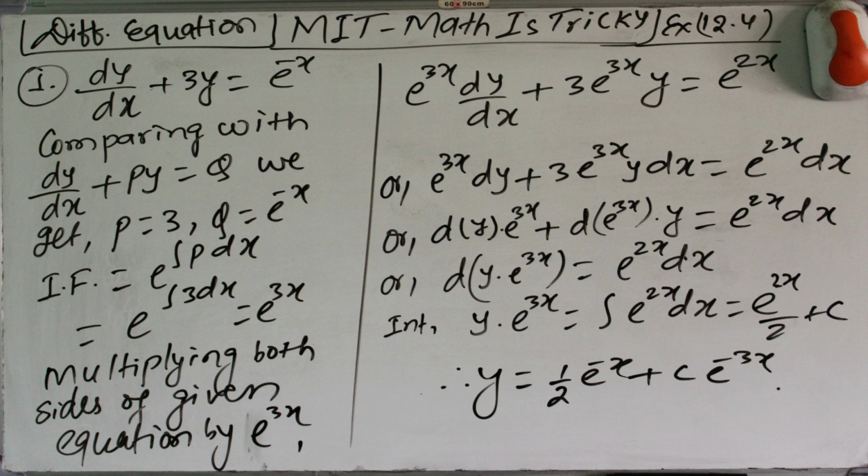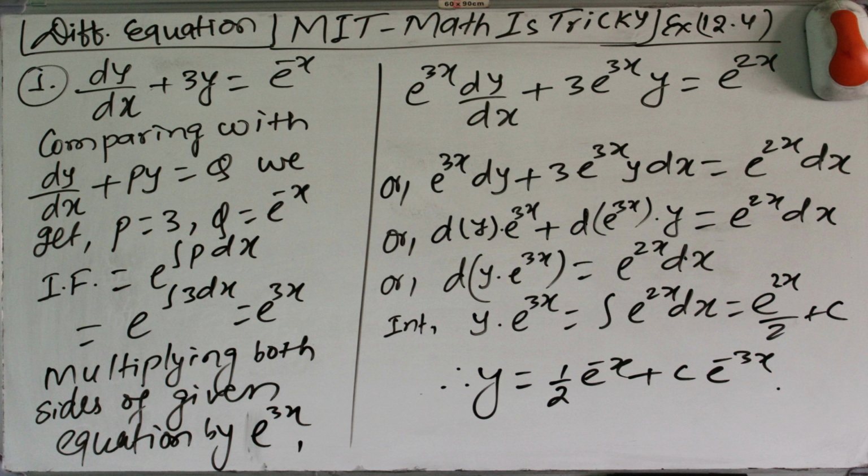Now if we see carefully, the left-hand side fits the product rule for differentiation: derivative of y into e power 3x plus derivative of e power 3x into y, that is derivative of first into second plus derivative of second into first, equals e power 2x dx.